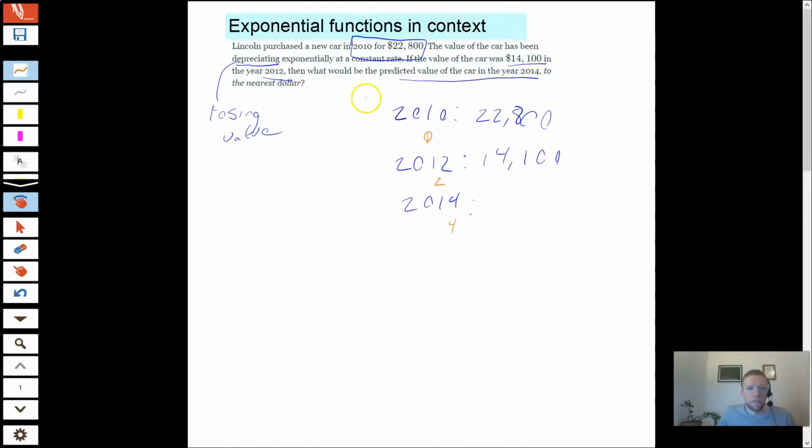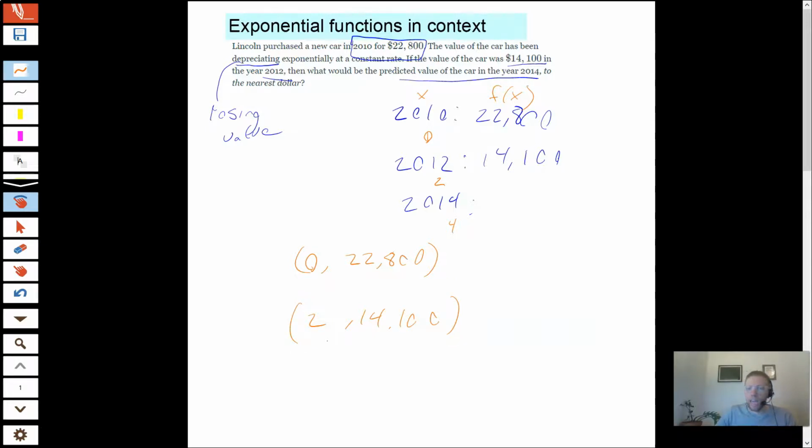So then if time is our x, and dollars is our f of x, we end up with 2 points. Our points are (0, 22,800) and (2, 14,100).